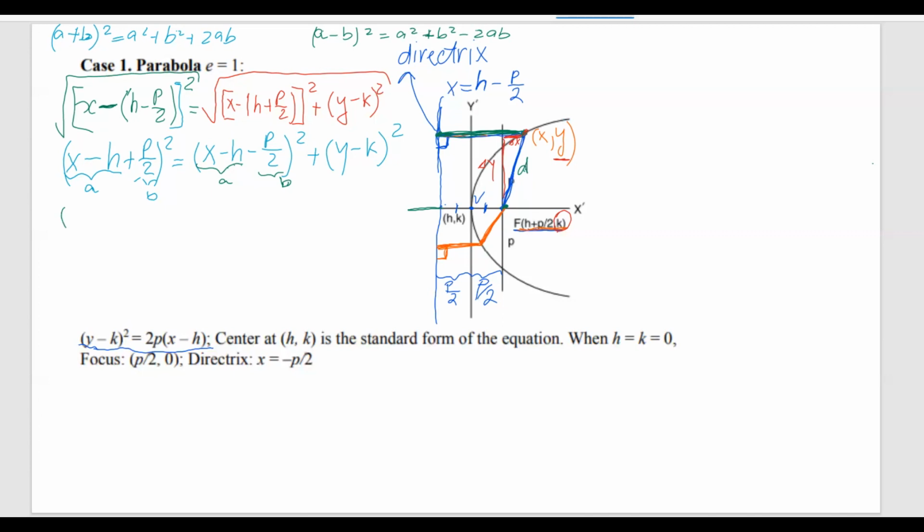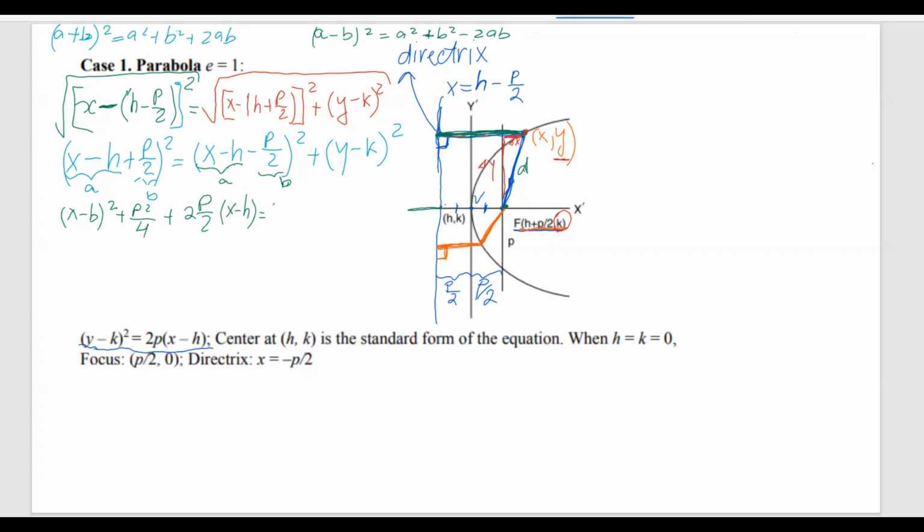We're going to continue with x minus h squared plus p squared over 4 plus 2p over 2 multiplied by x minus h. So this is all of this parenthesis over here equals. Now let's work on this second parenthesis.